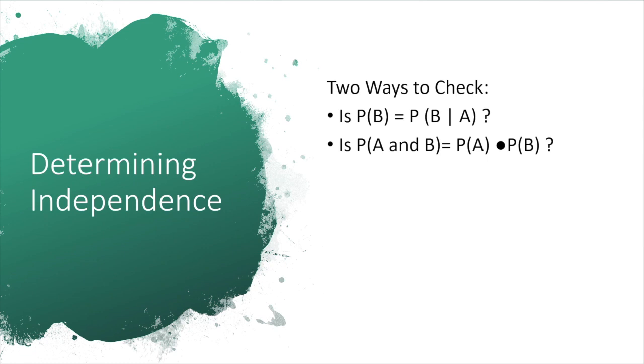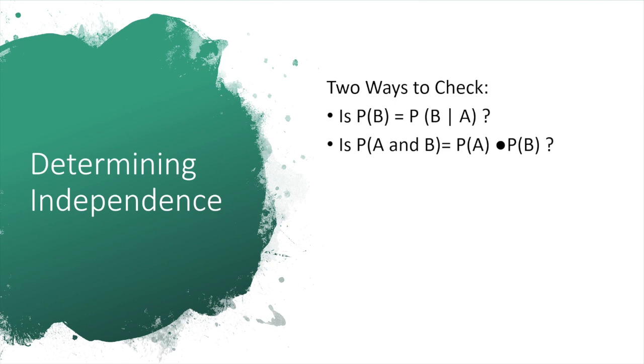The other way to do this is look at the probability of event A by itself and the probability of event B by itself. If you multiply those two things together and you get the probability of events A and B happening, then the two events are independent.